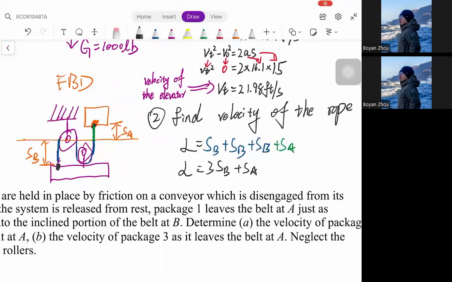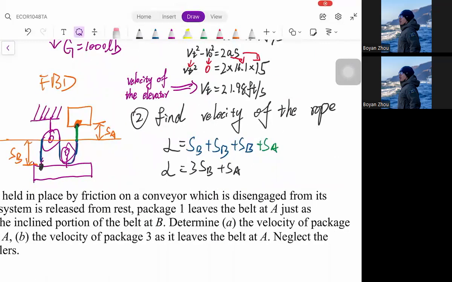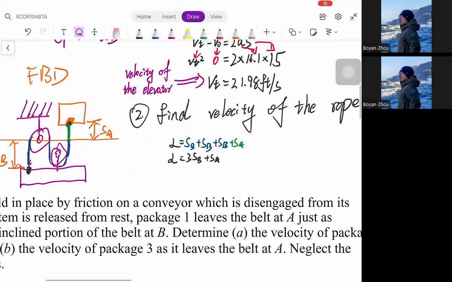And then remember the equation we always like to use in the first 2 P section: velocity is equal to ds over dt.